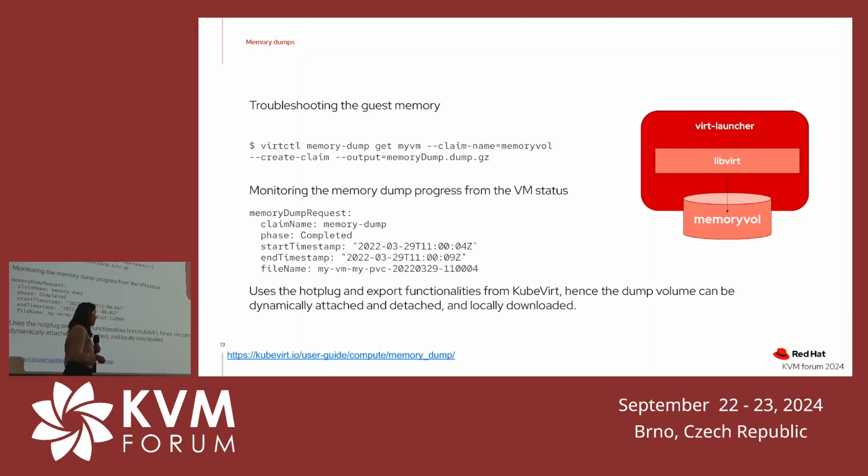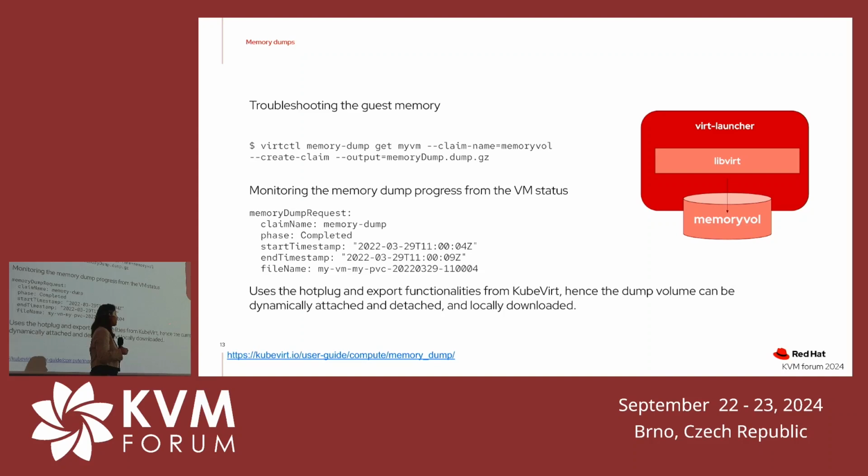So how does this work? You have virt-launcher with libvirt inside, and QEMU and your guest. Kubernetes pods are very static, so it's not possible to dynamically add new volumes. But KubeVirt has this functionality; it's something we build on top, called volume hotplug, and it is one of the features we are using here.